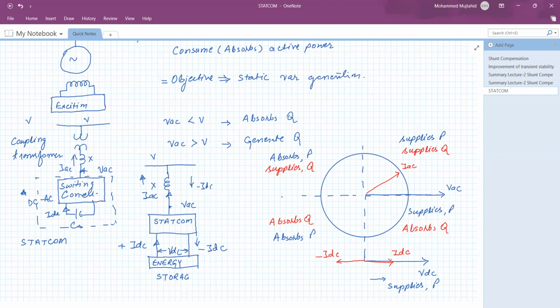It may be connected at the midpoint, so it will enhance the power handling capacity of the existing transmission line. It will maintain the system voltage, that is, end voltage support is also there, and it also improves the transient stability. So this is the summary lecture of shunt compensation. Thank you.